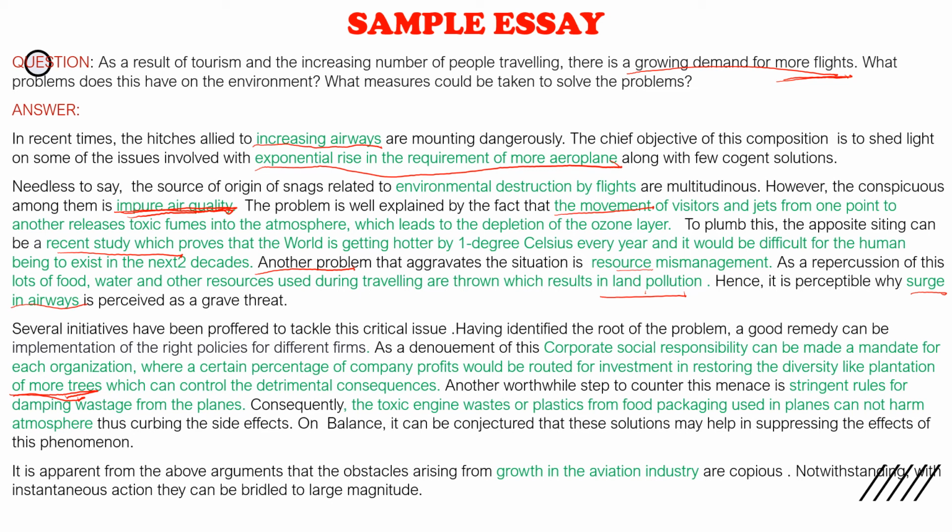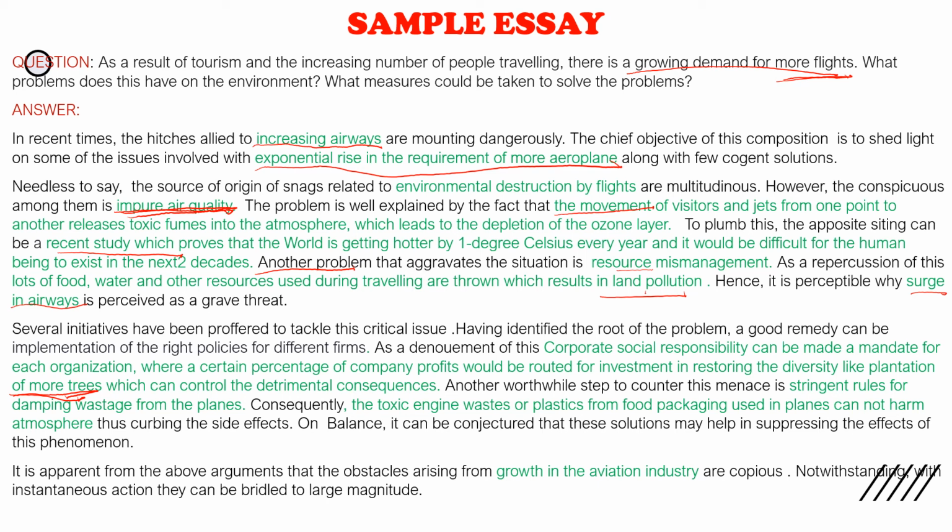Consequently, because of this rule, the toxic engine waste or plastics from food packaging used in planes cannot harm the atmosphere. Okay, so whether land or air, the wastage, the garbage will not harm the atmosphere, thus curbing the side effects. On balance, it can be conjectured that these solutions may help in suppressing the effects of this phenomenon.